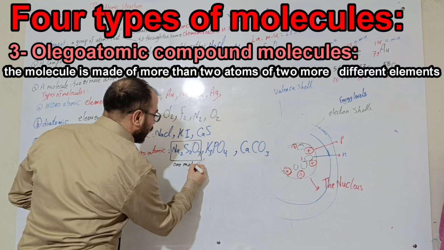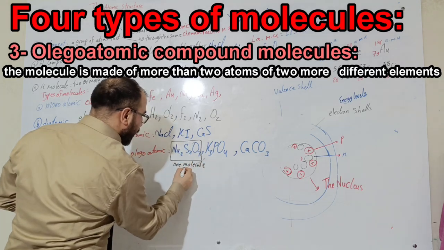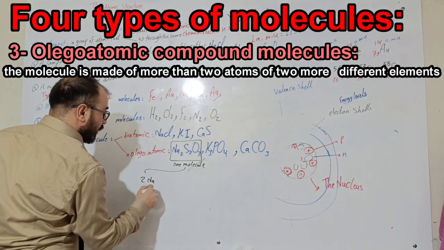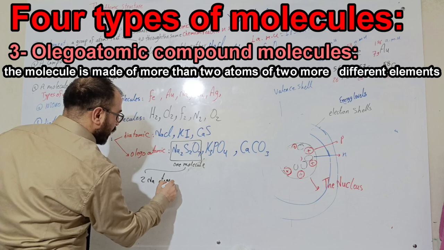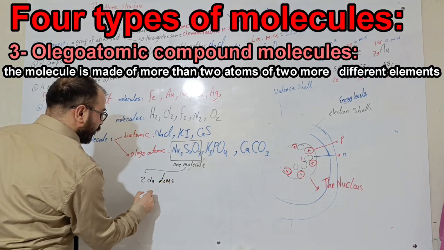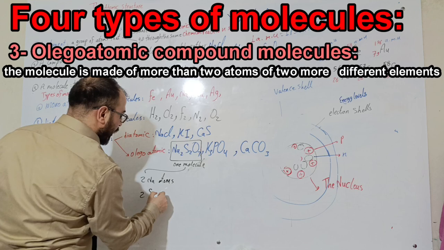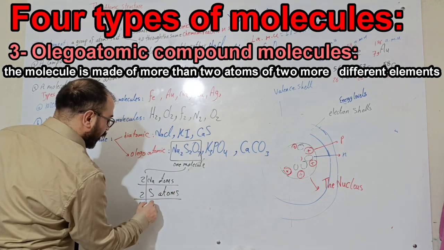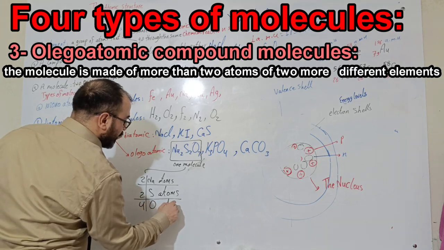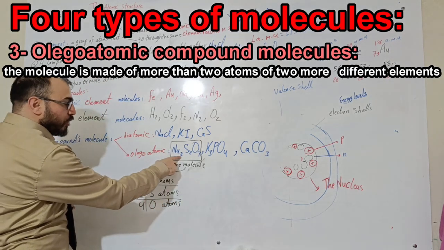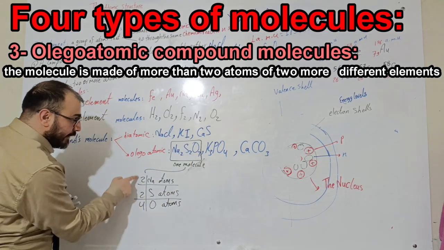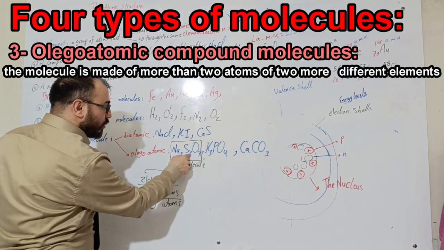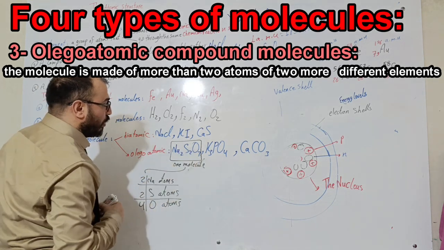So here, I just want to emphasize a point. In here, we have one molecule, and this molecule is made up of two Na atoms, and we have two sulfur atoms and three oxygen atoms. So here, one compound molecule which is made up of 8 atoms, 2 sodium, 2 sulfur, and 3 oxygen.